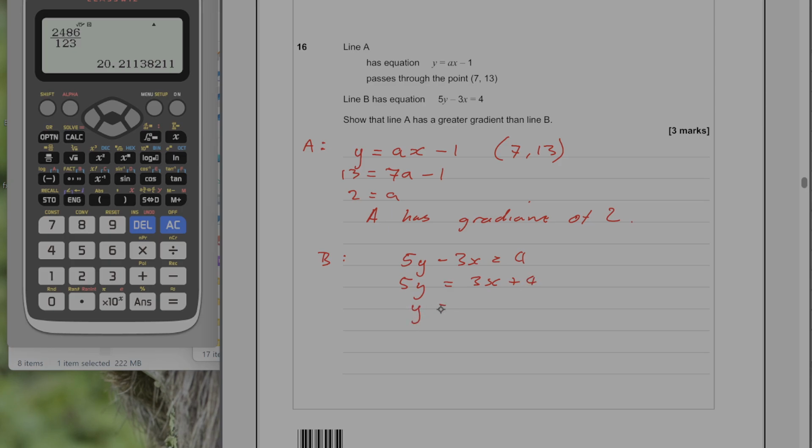So y is going to be equal to 3 over 5 x plus 4 over 5. So line B has gradient 0.6. So line A has the greater gradient.